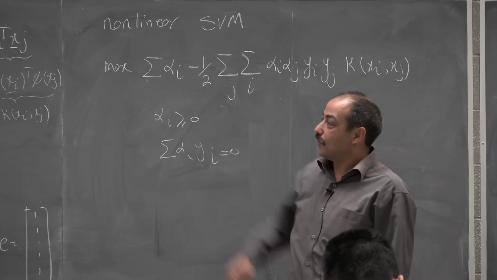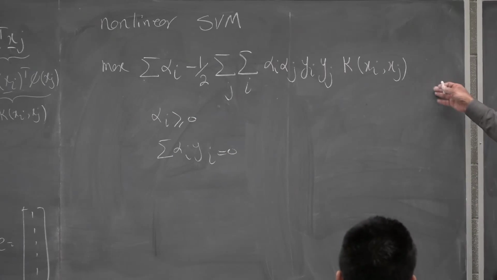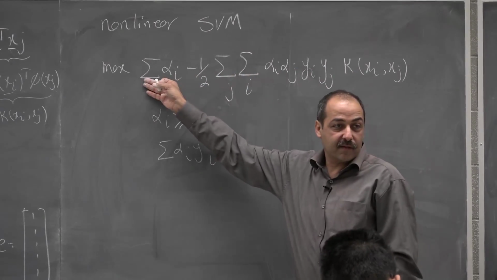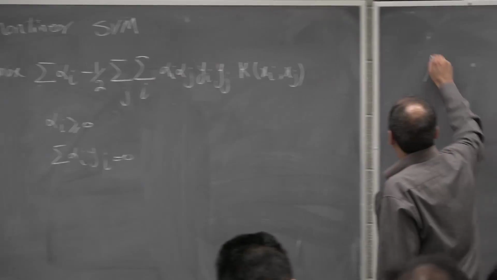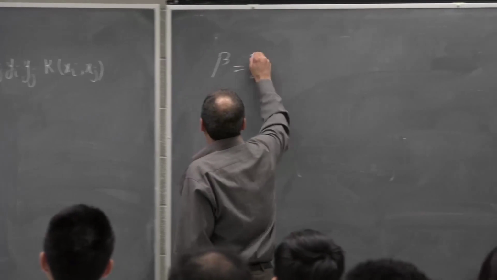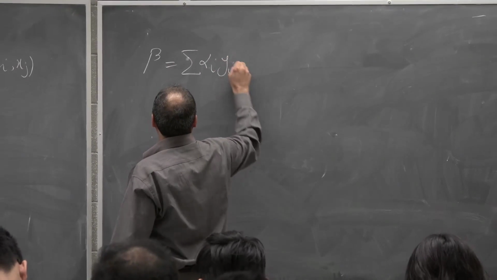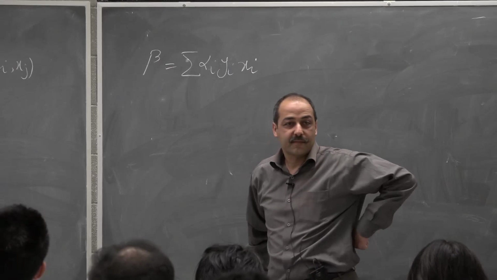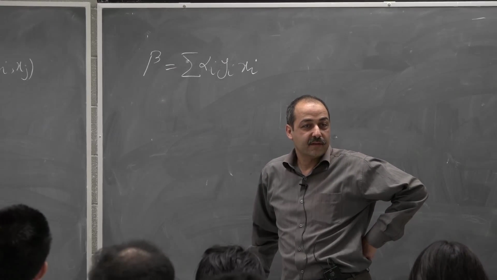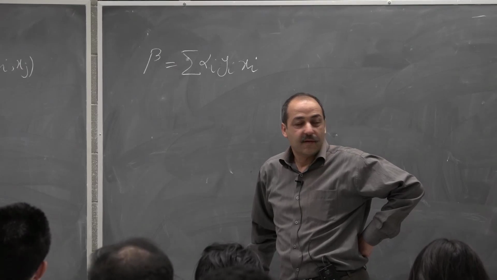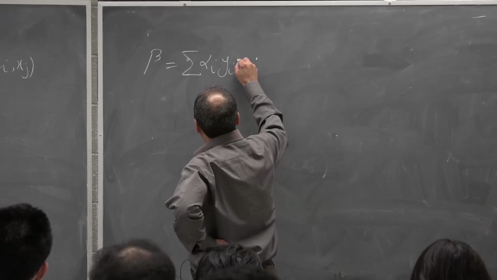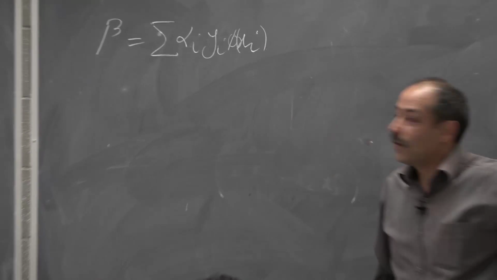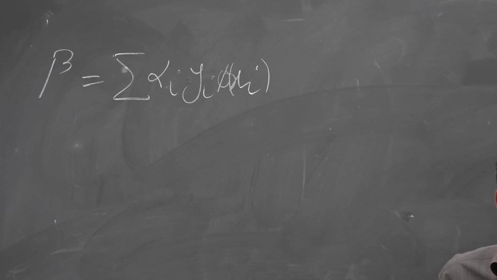But there is one point here. In the linear case, when we solve this and compute alpha, beta was the sum of alpha i yi xi, right? But in this case, it should be alpha i yi phi of xi.